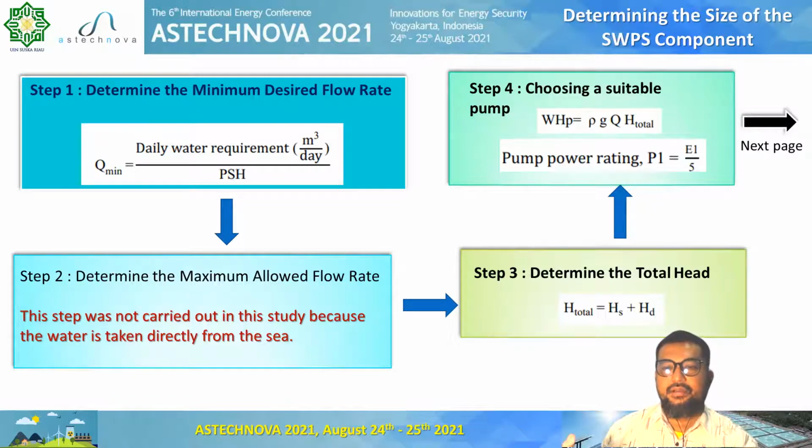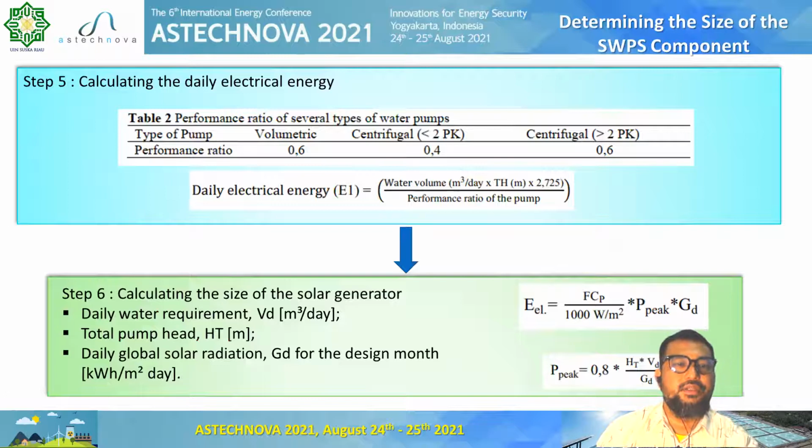Total head is the static head plus the dynamic head, and then choosing a suitable pump. And fifth, calculating the daily electrical energy, so we know how much energy we need.